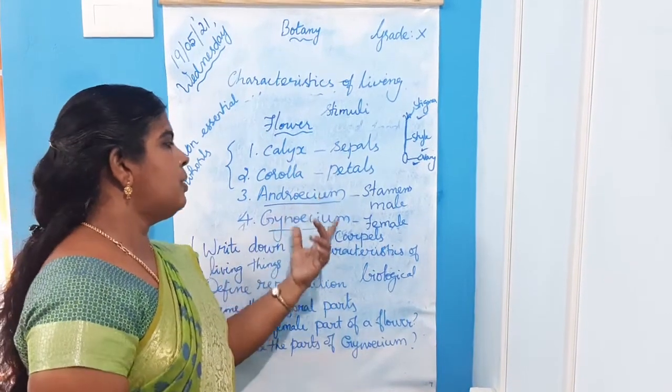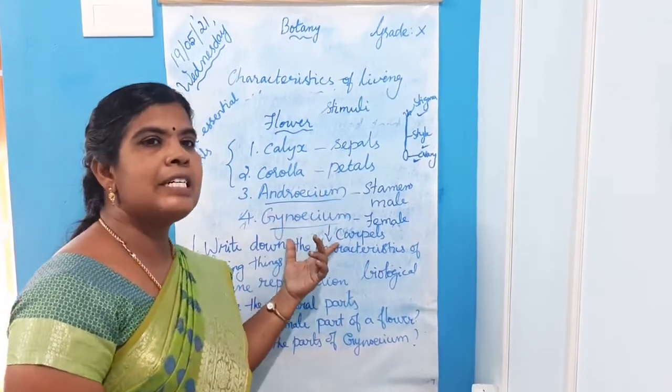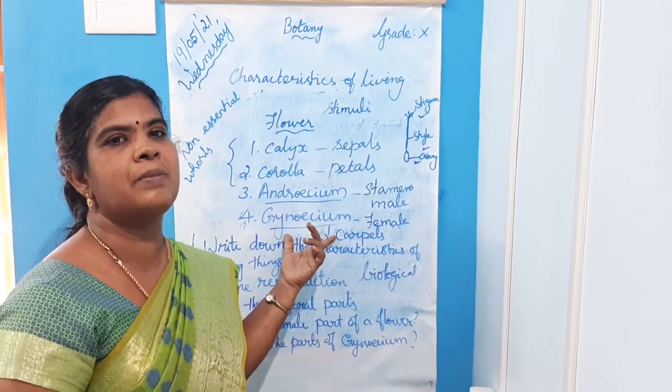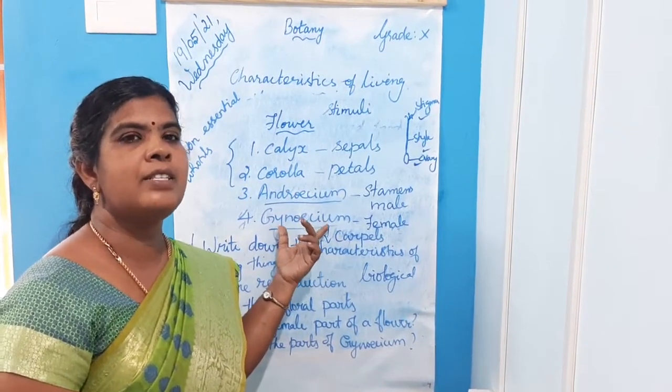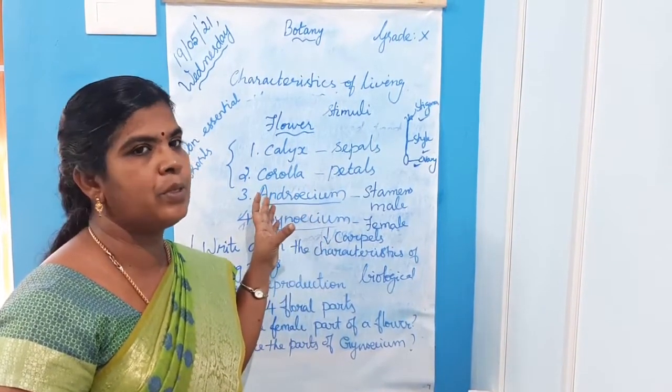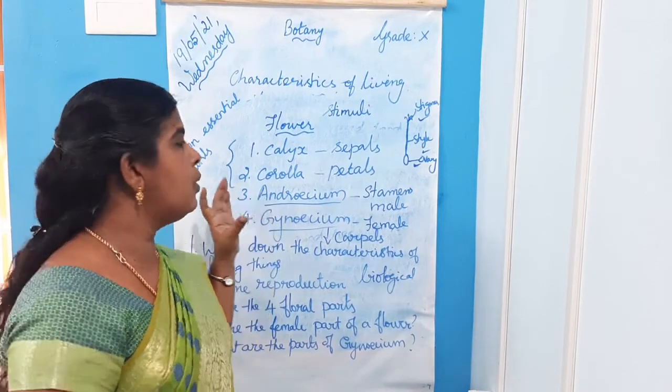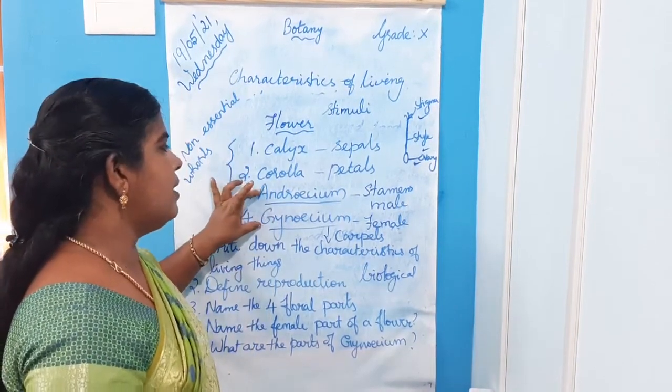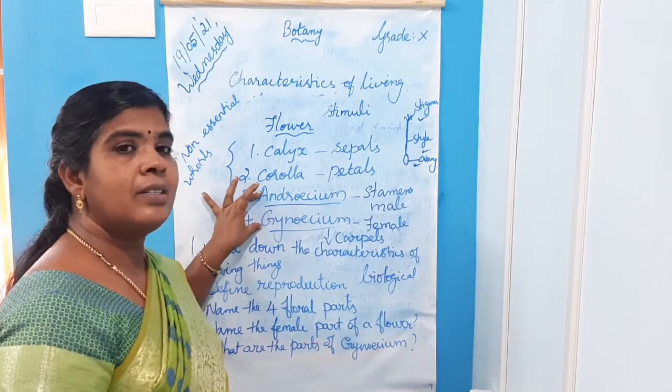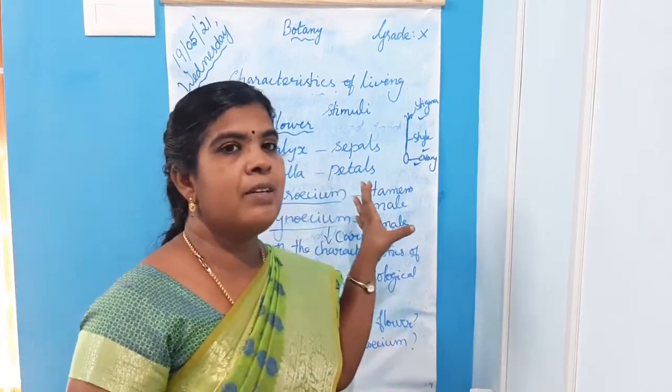Androecium and gynoecium are termed as essential parts of the flower because these two directly take part in reproduction.